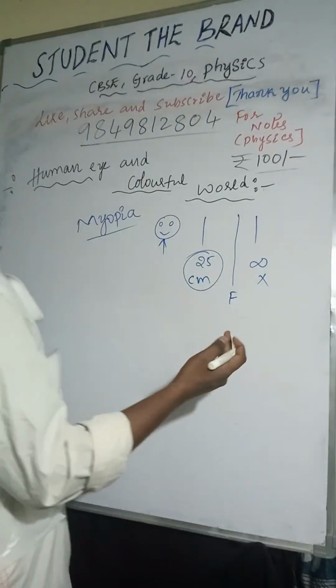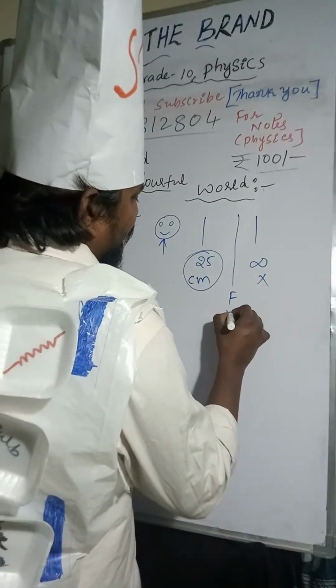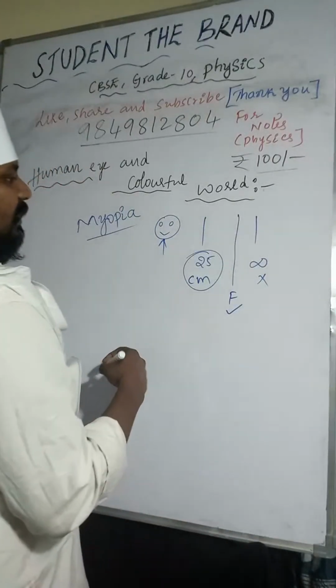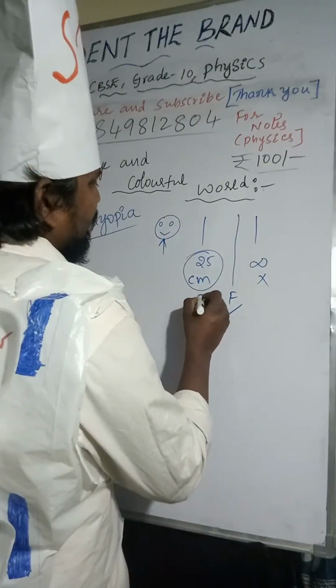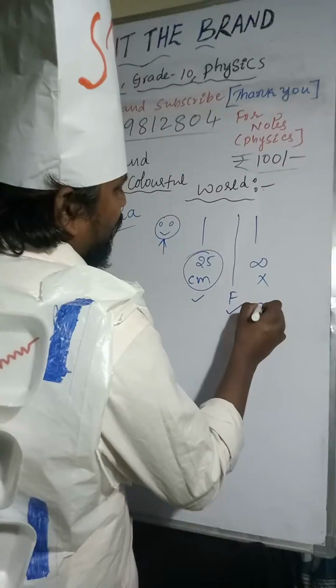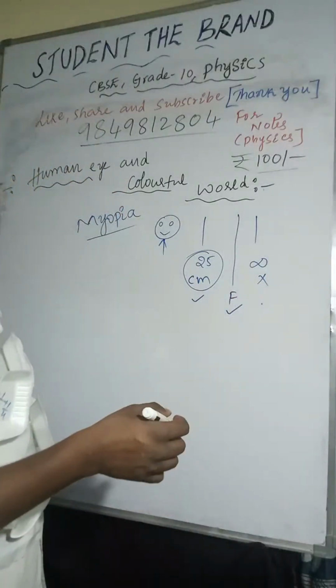Okay, how to draw the diagram? If the light rays are coming from this point, we are able to see. If the light rays are coming from here, then in front of the retina only the light rays will meet.